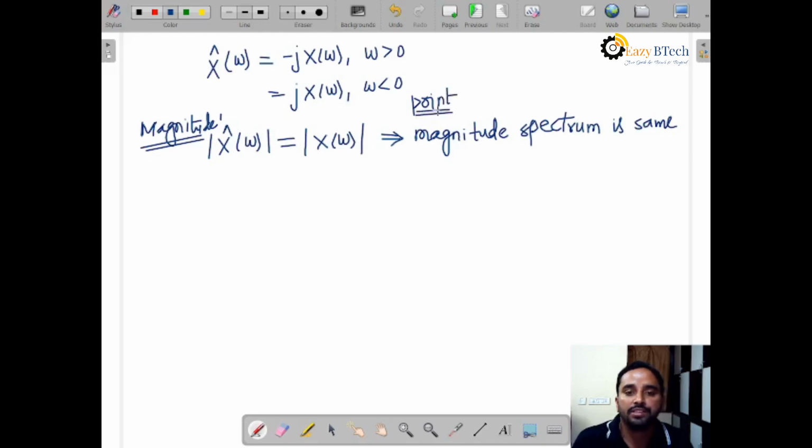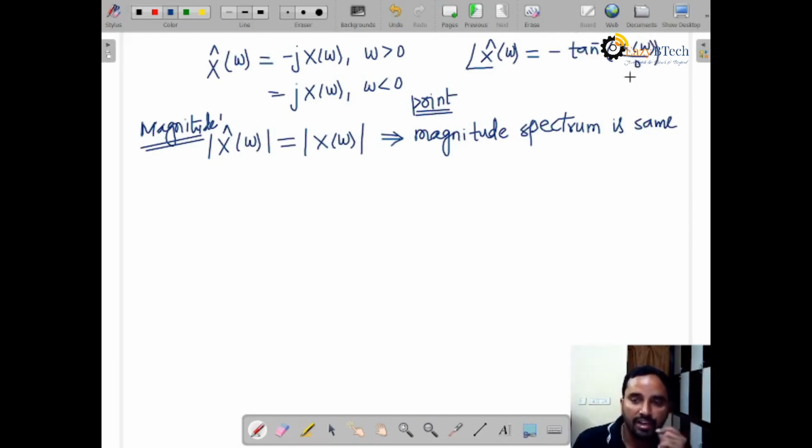Next, what about the phase? If you write the phase, angle of x cap of omega, the phase is equal to tan inverse of imaginary part by real part. Here the real part is 0. So if you take omega greater than 0, we get minus tan inverse of x of omega by 0, since the real part is 0 and the imaginary part is x of omega with a minus sign.